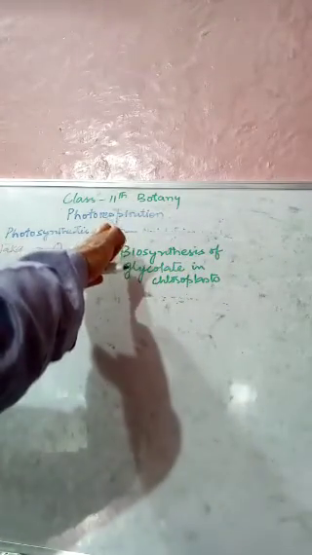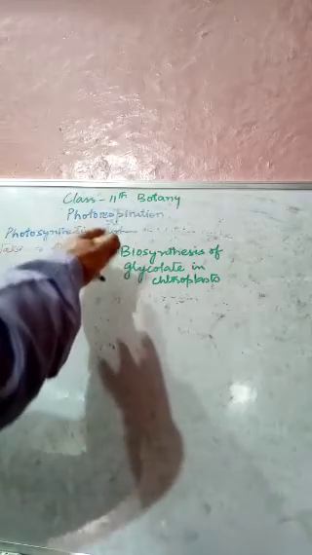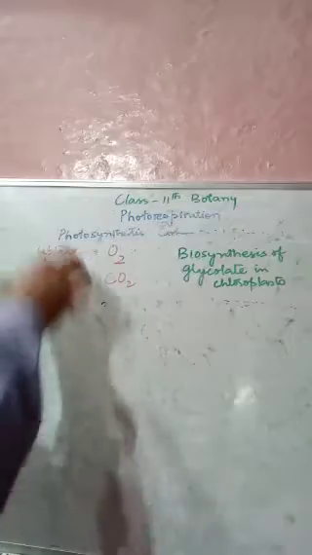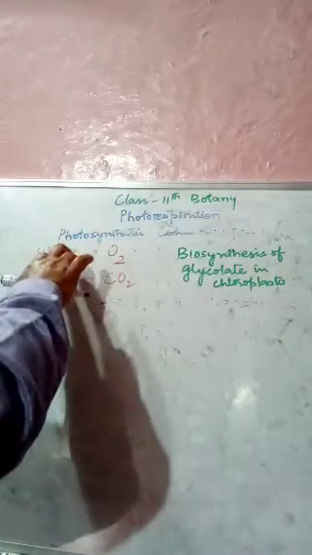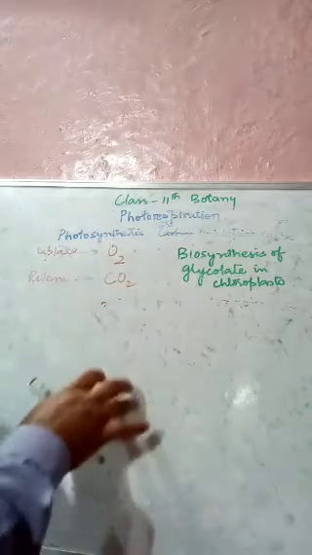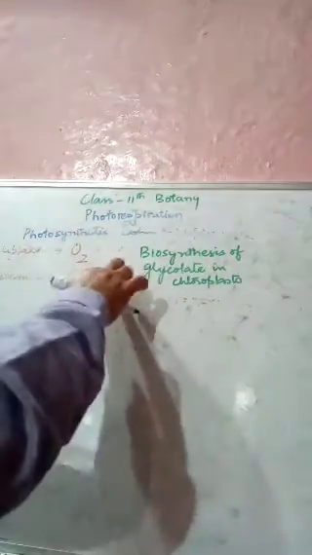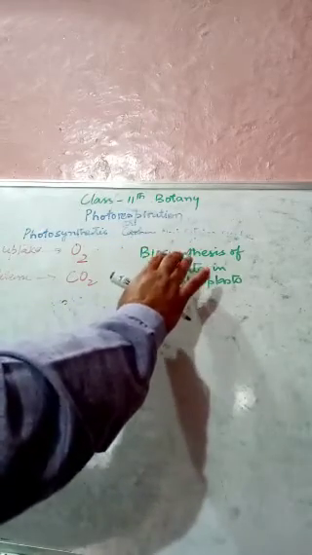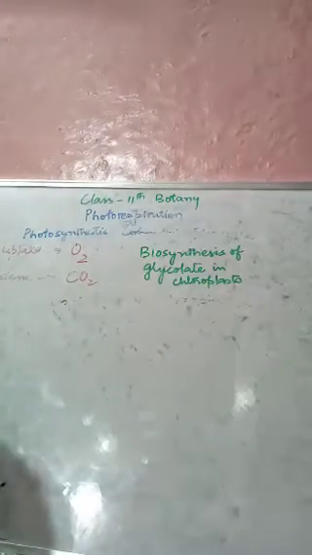So there is uptake of oxygen and release of carbon dioxide in light, and this whole process results from the biosynthesis of glycolate in the chloroplasts.